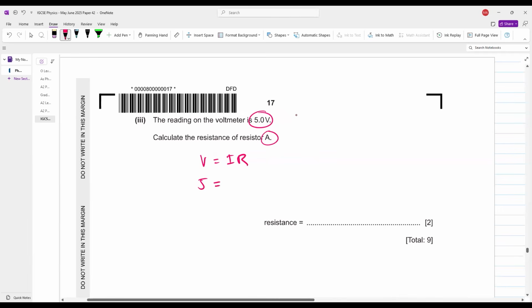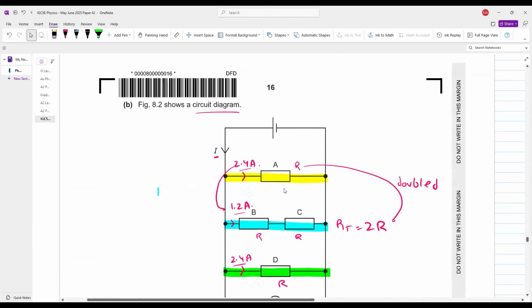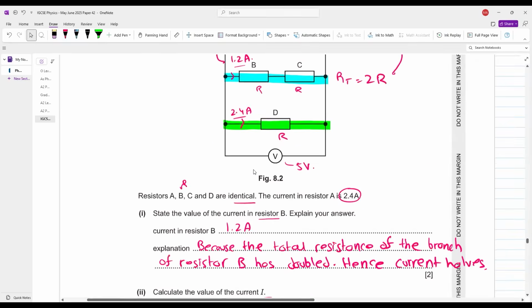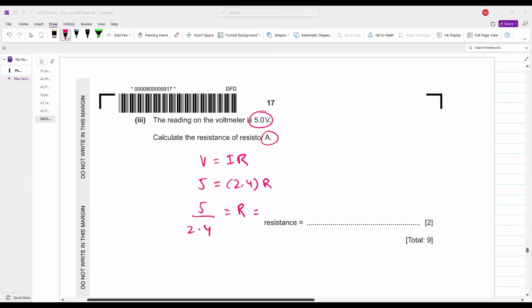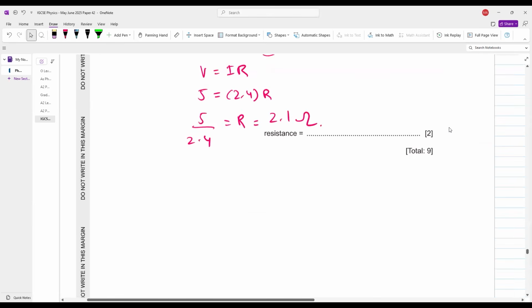Voltage is 5. Current is 2.4. How will you calculate the resistance R? 5 divided by 2.4 equals your resistance. 2.1 ohms comes out to be the resistance of A. Simple. Let's further move ahead.